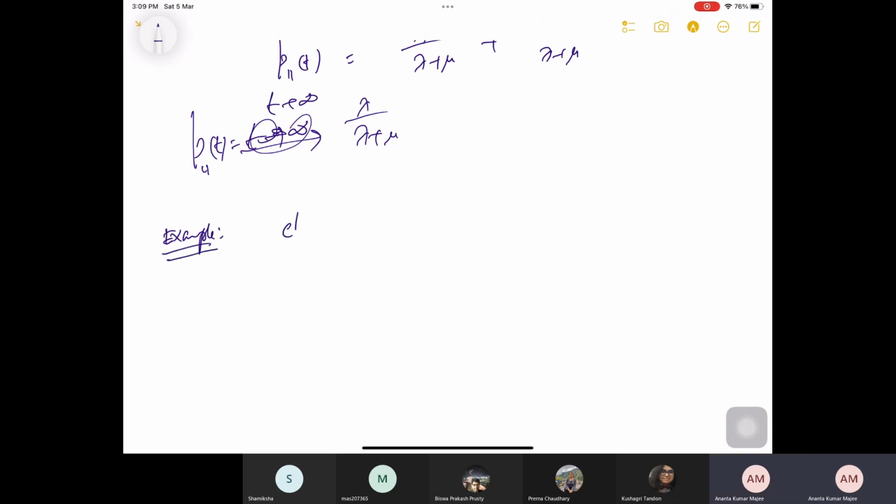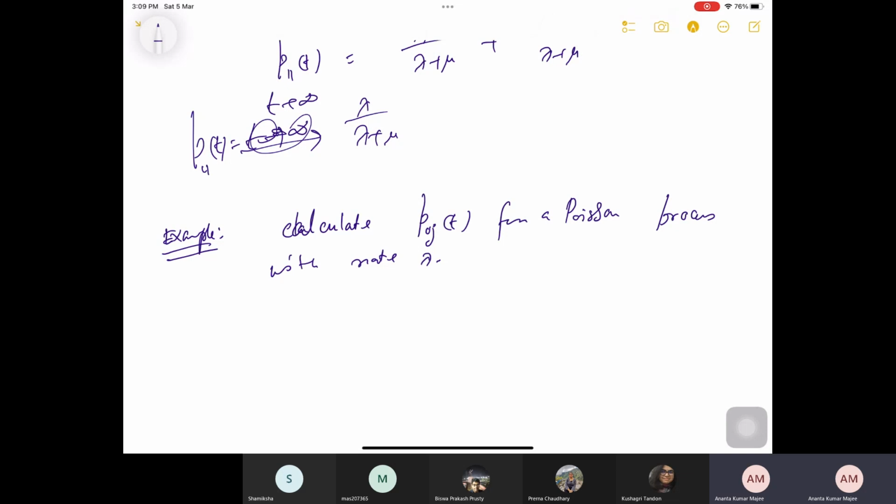I want to calculate P_0j(t) for a Poisson process with rate lambda.